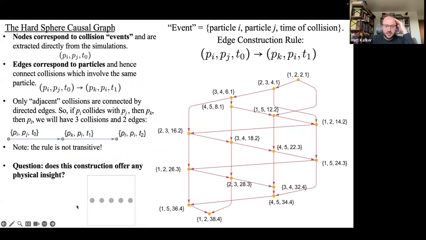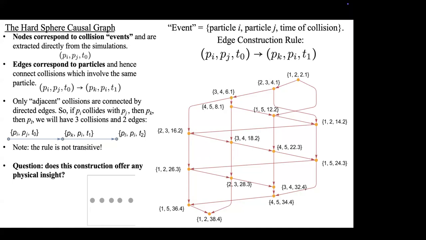You have some simulation like this, and at the starting time, you just label each particle. Here, let me freeze time for a second. The particle on the left is particle 1, this is particle 2, this is particle 3, this is particle 4, this is particle 5. You time evolve the system. In this case, it's just some simple thing like this. And then the causal graph can be constructed after the fact from this by just keeping track of who collides with who. Okay. Makes sense.